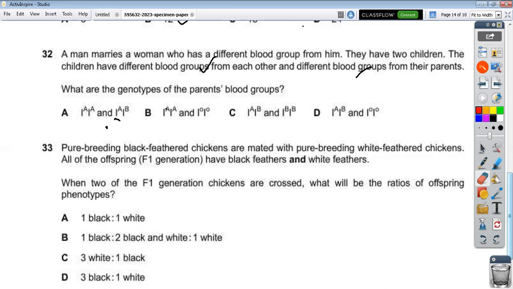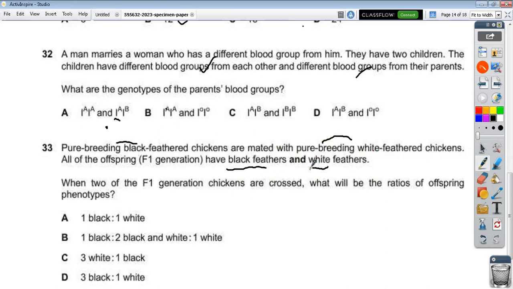So what do we do then? We start before the F1 generation. We have black feathers and white feathers. So let's start there, when we are doing the pure breeding.